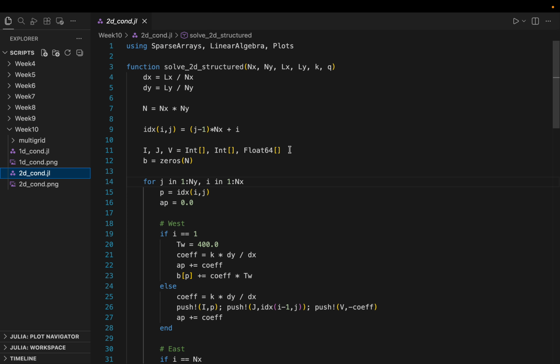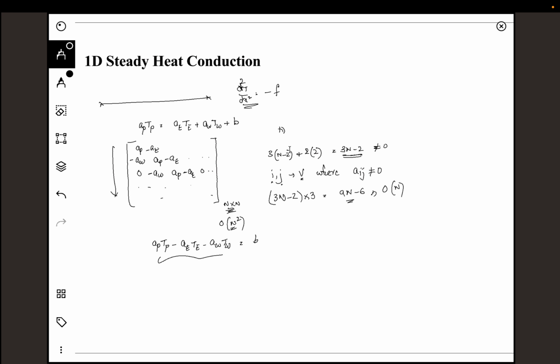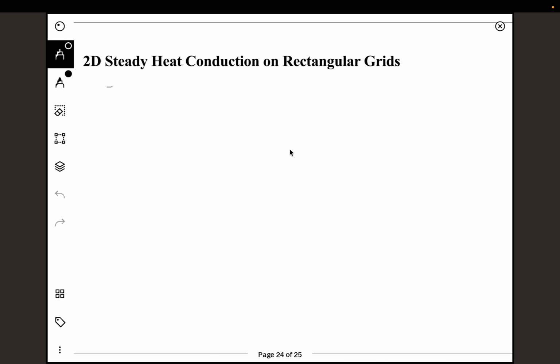Now it becomes a little tricky here. Once we have the 2D, we have to keep track of these indices in a slightly different way. The same problem, when we are doing it in 2D, now I need to have a unique index for every cell I create.